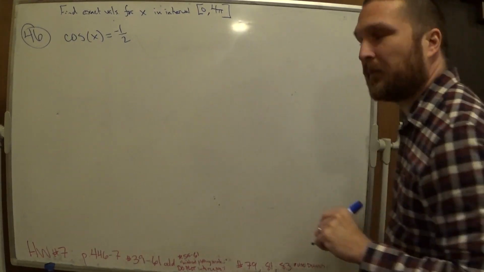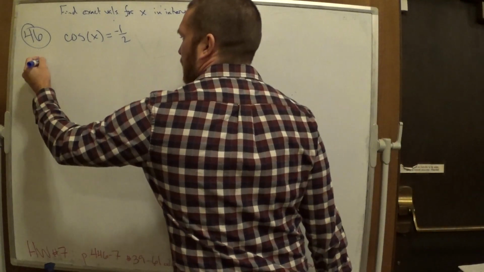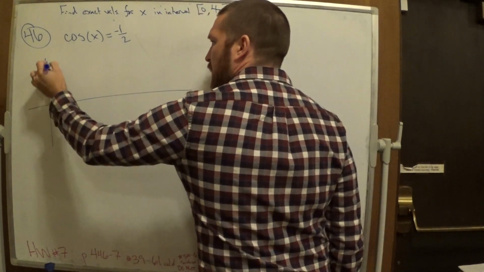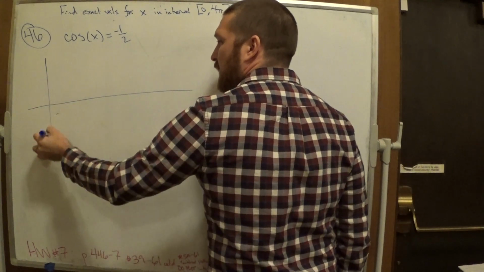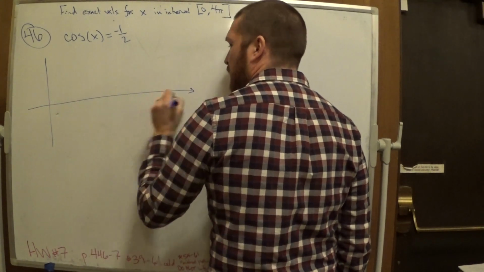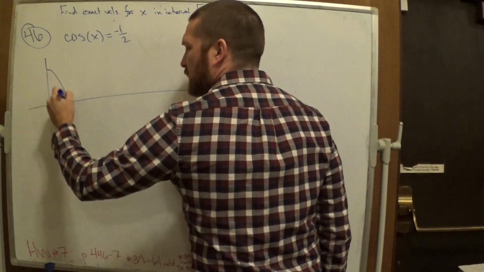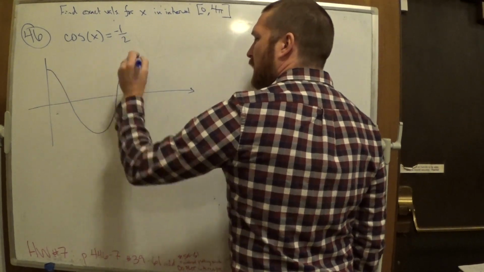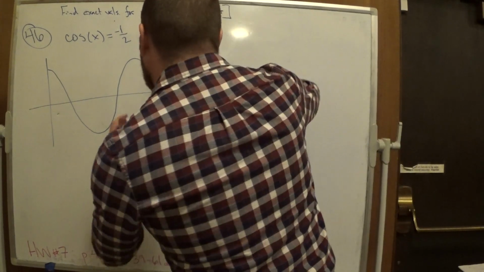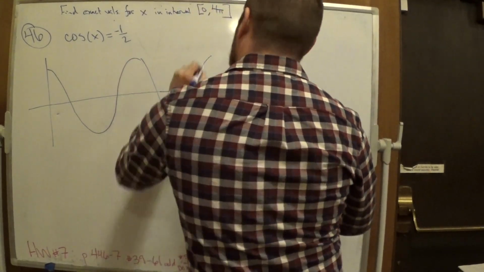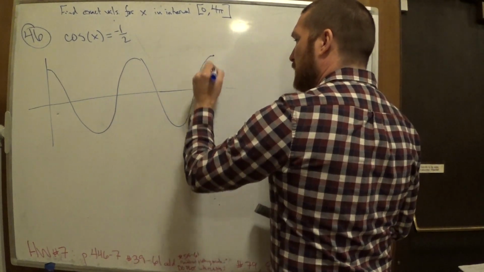What's the first thing I'm going to do? Graph cosine. And cosine starts where? At 0. When x is 0, the output of cosine is what? +1. So it's the one that comes down, comes back up, comes down, goes back up.